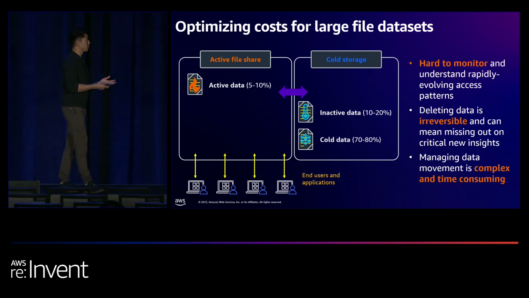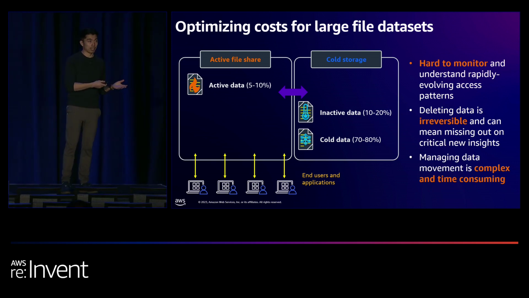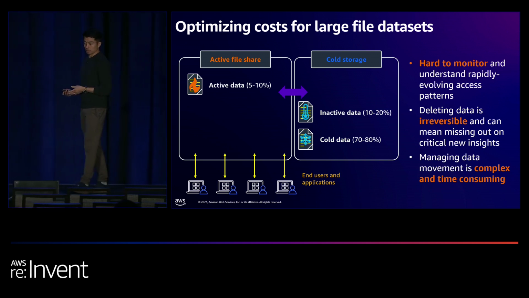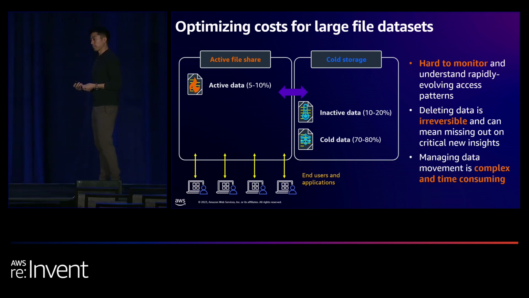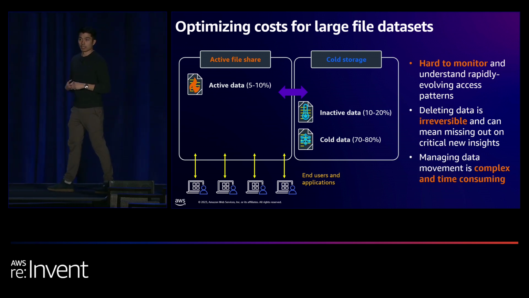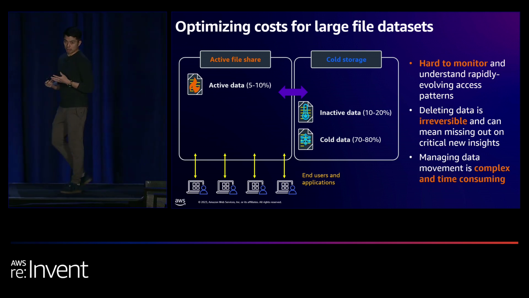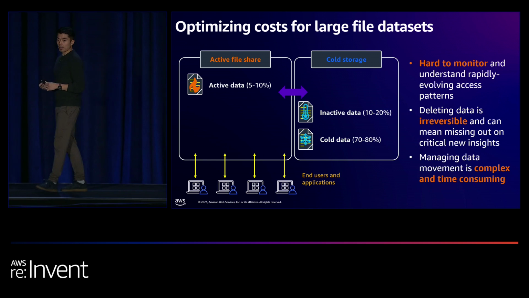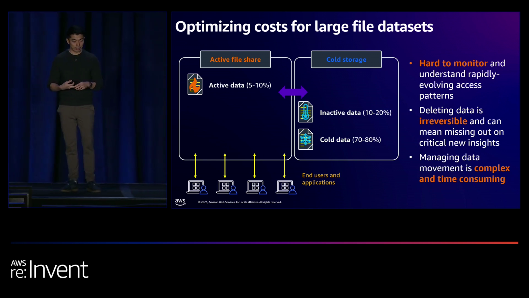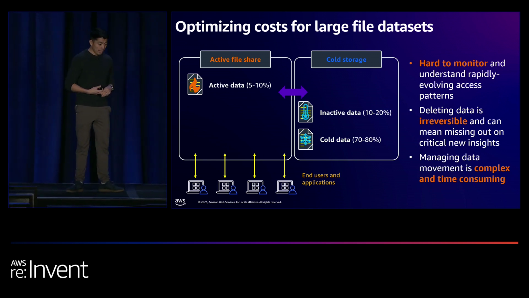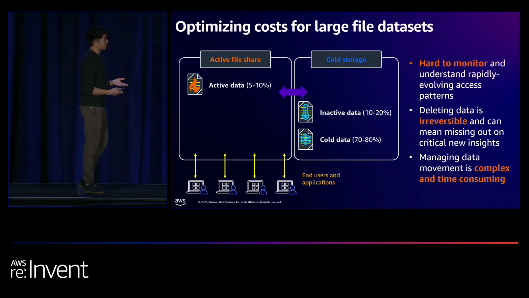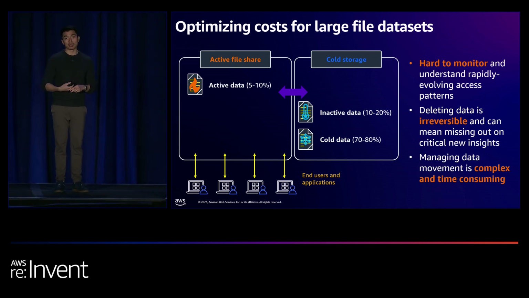So you have your active file share that your end users and applications are working with. And then you have a separate cold storage solution, sometimes backed by tape-based asynchronous storage to really reduce costs, that houses your inactive and cold data. And some customers even resort to deleting this cold data when they're really pinched to reduce costs.